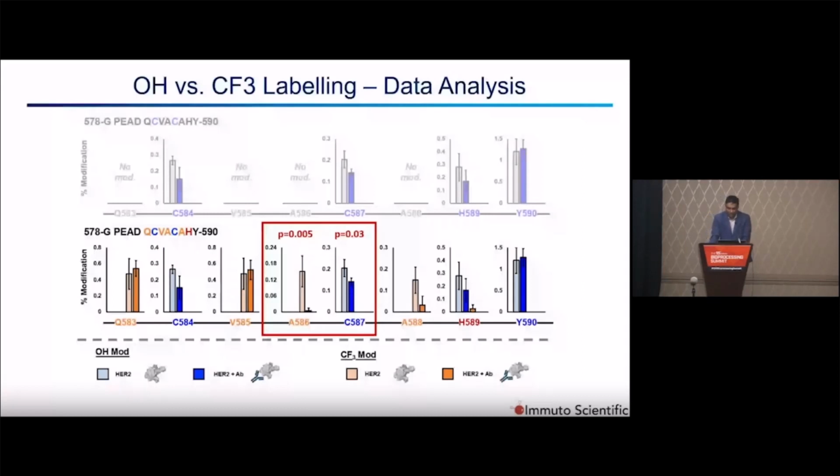One was a hydroxy label, and in the other case, it was a CF3 label. And in some cases, like histidine, where it's susceptible to both hydroxy labeling as well as CF3 labeling, you can get information from both these labels.